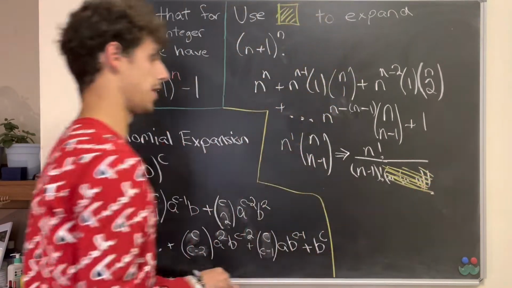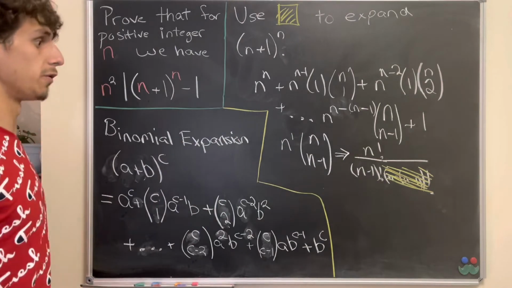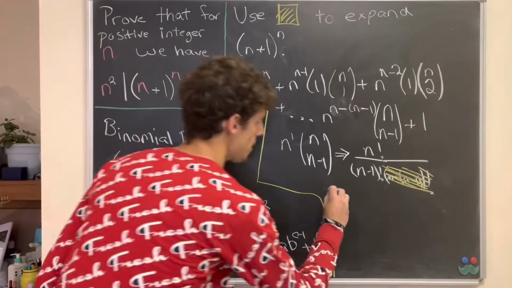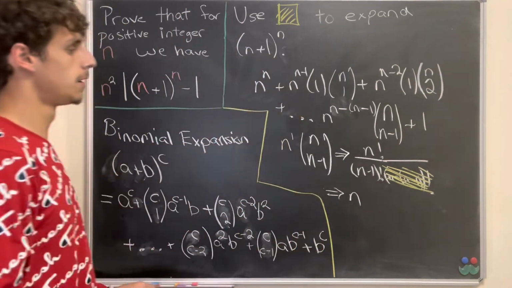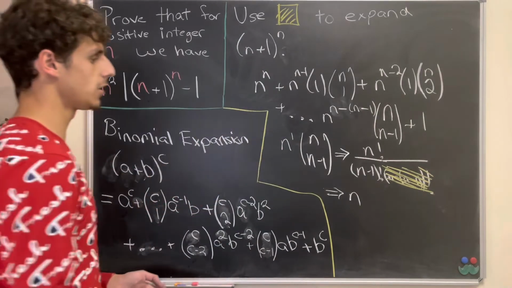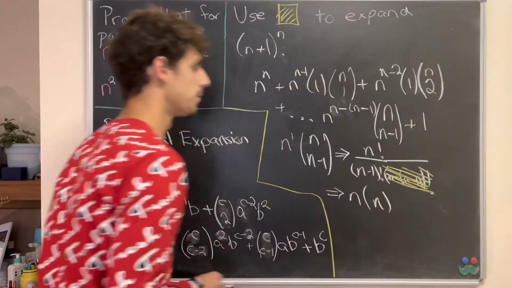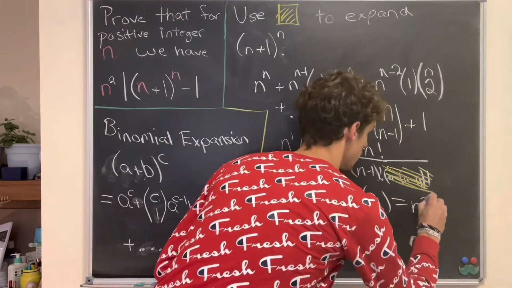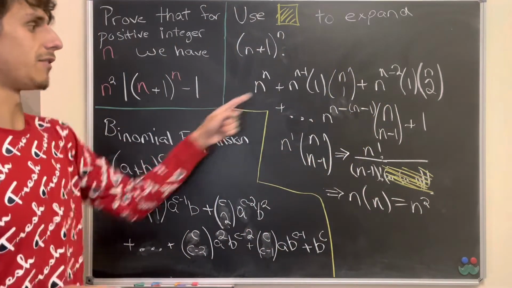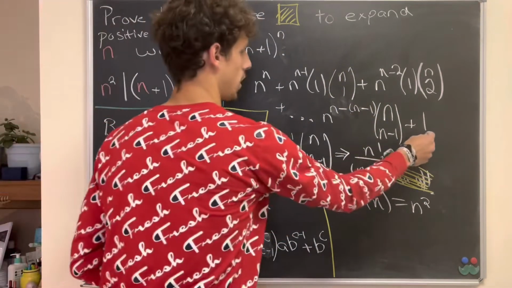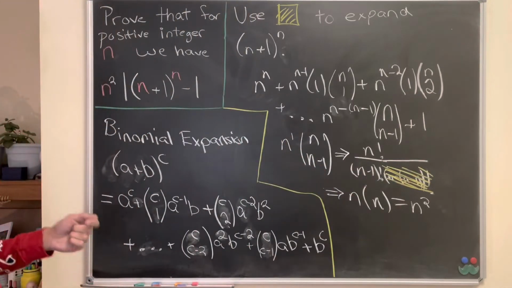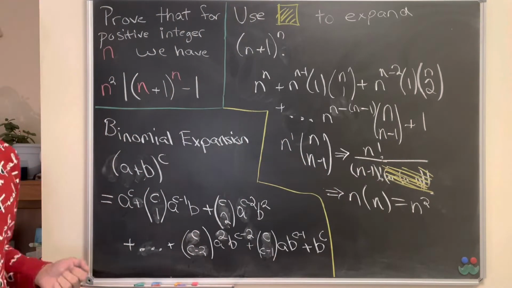All we're worried about is n factorial over (n minus 1) factorial, but that's going to give us n. But we already have an n here, so that means we have n times n, which is equal to n squared. So all of these terms have an n squared inside them outside of this 1 here. So now that we've shown that, let's bring that up to the top and we'll finish this proof off.